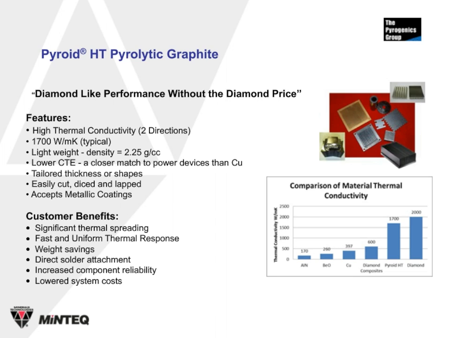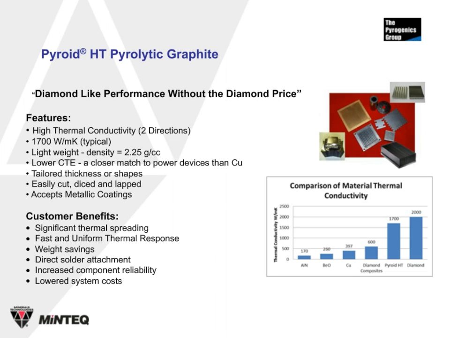Lightweight density, it has a CTE that is lower than most of the alternative materials and is a closer match, therefore, to power devices. It can be tailored in thickness or shape, and because of that lower density, it is easily cut, diced, or lapped in a variety of machining operations.